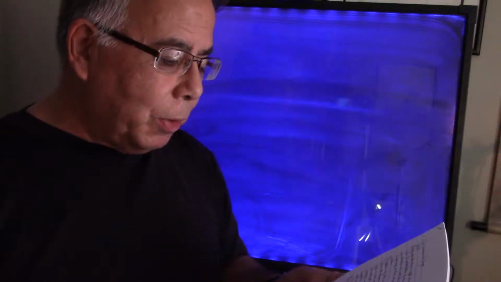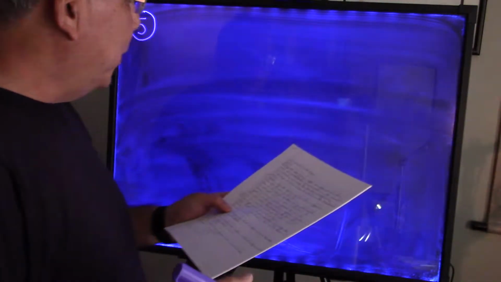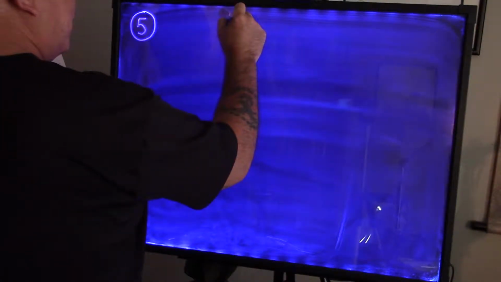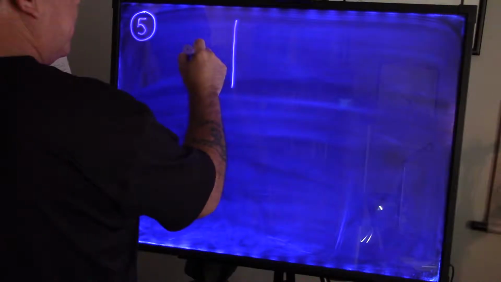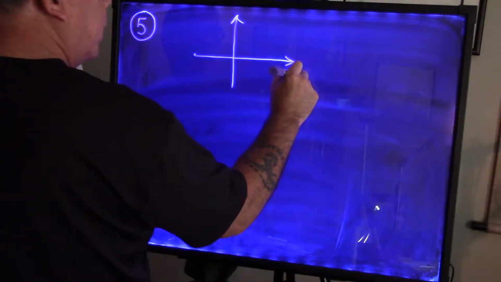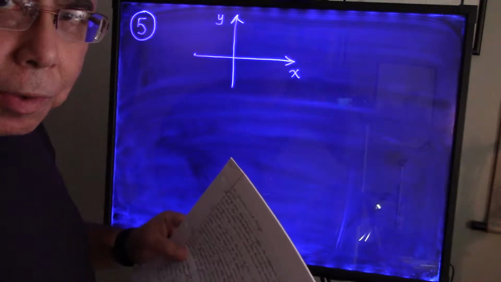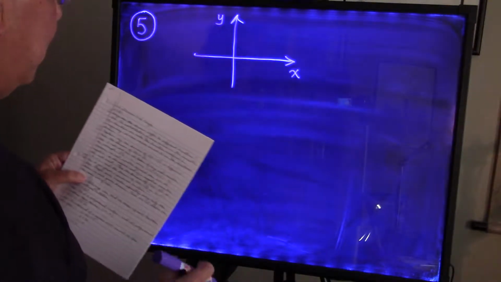Okay, number 5. How do you graph a piecewise function? Well, you just graph each function separately using only the values in each given domain. One way to do it in a practical way is you draw your axes. We'll practice this more later when we actually do some piecewise graphs.